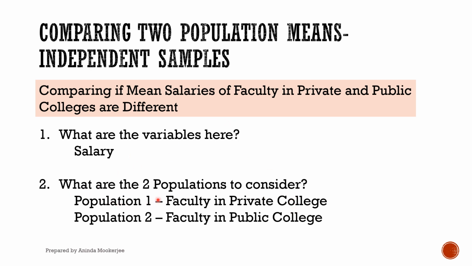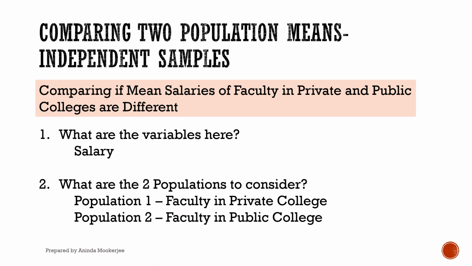We have defined population 1 as the faculty in private colleges, and population 2 as the faculty in public colleges. So we have to make sure that we first of all define the two populations, which college should fall under which population, and accordingly align the different measures that we find with the right population.